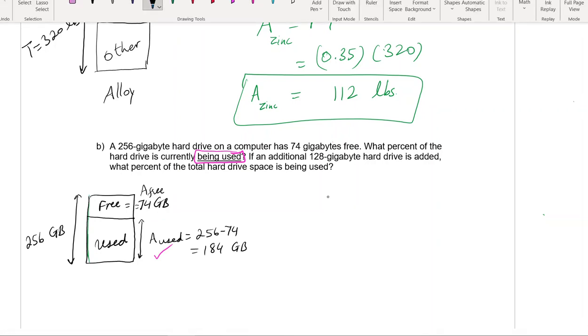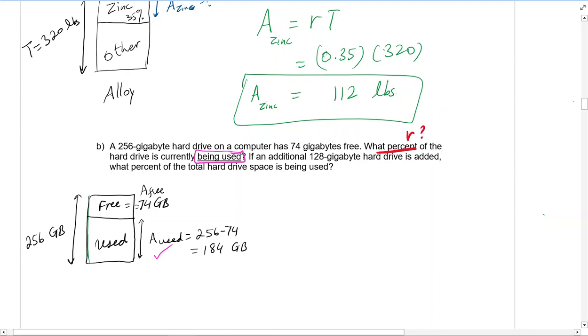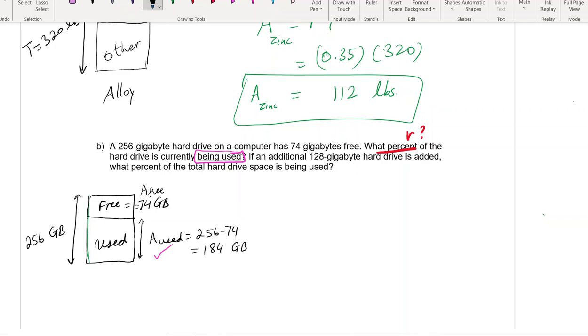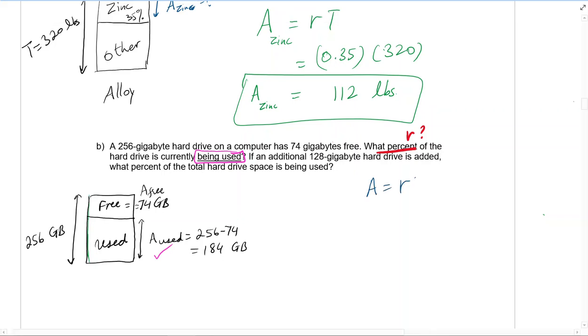Since you're trying to figure out what percentage, it means you're trying to find the rate. So what rate is being used. And our original formula is A = RT, but this time we need the formula for R. So R is A over T. Since we know that rate is amount over total, you can use the triangle trick if you don't know how to memorize the formula.